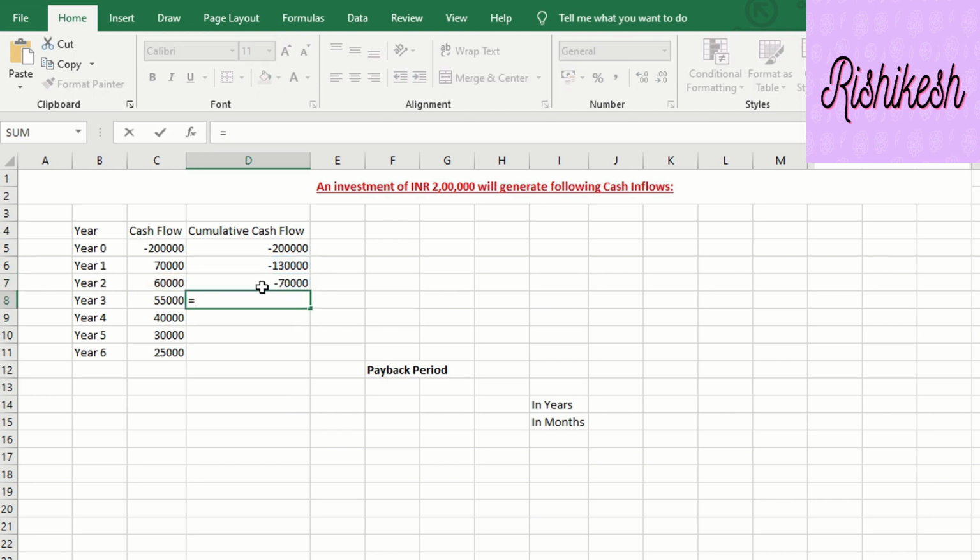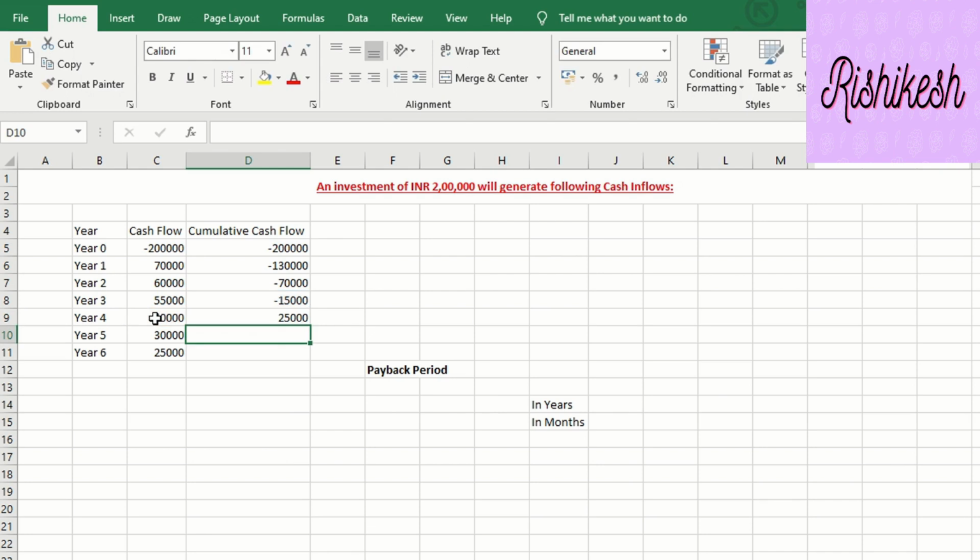In year 3, it will be the cumulative cash flow previously plus the cash inflow that you have generated in that year. And the same thing will be done for year 4 as well, similarly for year 5 and similarly for year 6. So these are all the cumulative cash flows at the end of particular years.